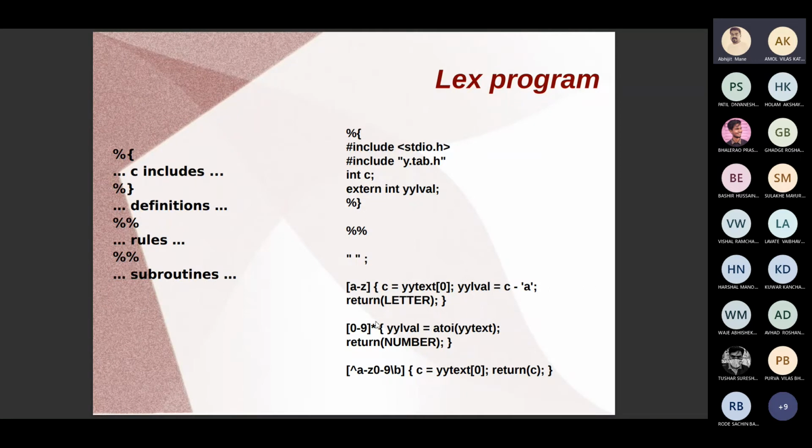If the pattern matches 0 to 9 star, it converts the string to an integer using atoi and returns number. Whatever matches the alphanumeric value, it returns to C, as the rule returns whatever pattern they have to match with this particular string.